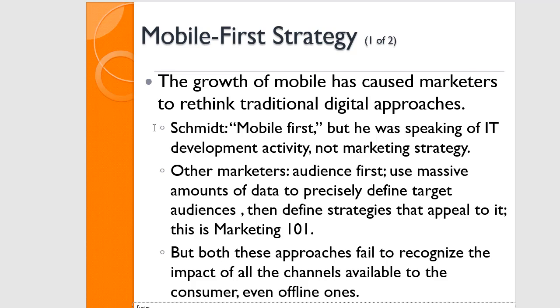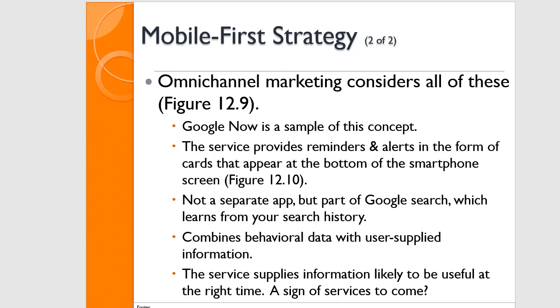But recognize that it's not just social media marketing, it's all the other channels that are available to you. So it's even the offline ones, which would be TV, traditional print ads that you have in magazines and newspapers, even flyers, billboards. So that leads to this concept of omni-channel marketing.